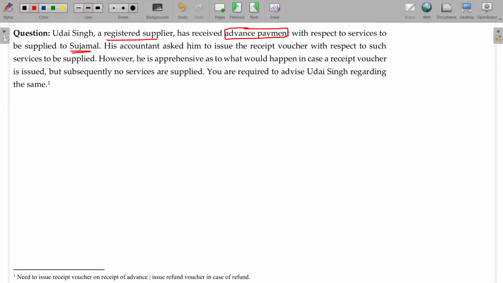In case of advance payment, Uday Singh is the registered supplier and Sujamal is the recipient. Now advance is there. His accountant has asked him to issue the receipt voucher. Yes, of course, we have to issue the receipt voucher with respect to such services to be supplied. However, he is apprehensive as to what would happen in case the receipt voucher is issued, but subsequently no services are supplied.